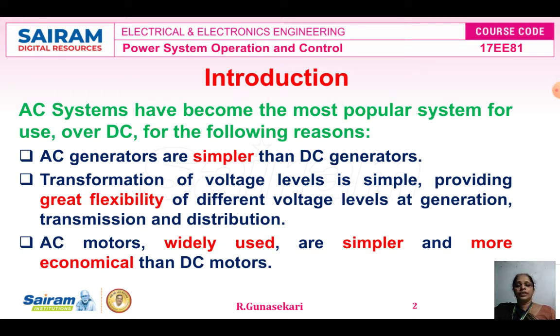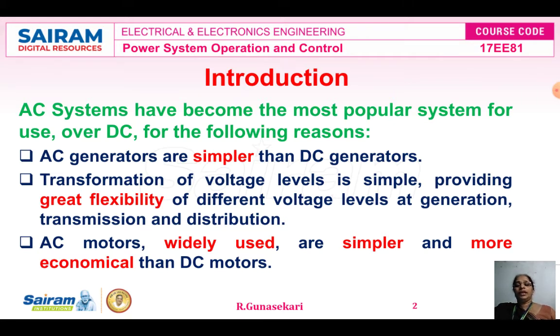The second reason is that transformation of voltage level is simple, providing great flexibility of different voltage levels at generation, transmission and distribution. A power system consists of only three parts: generation, transmission and distribution. We transmit from the generating station at different voltage levels, such as 10 kV, 11 kV, 32 kV, 60 kV.